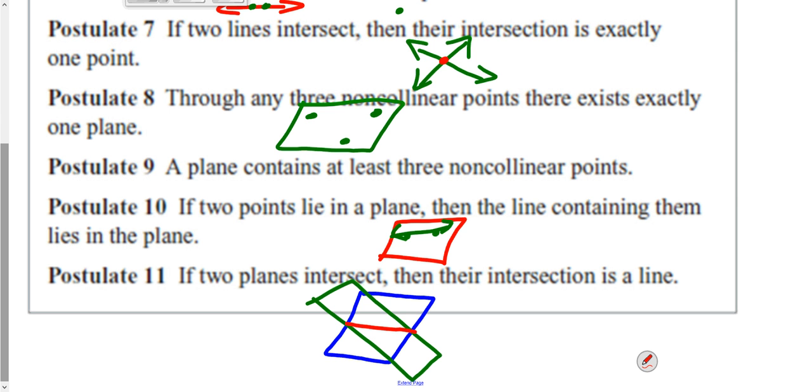Remember, the floor in your room is a plane, the wall in your room is a plane, and where the floor and wall meet is a line. You can draw a line across the floor where it meets the wall. So where 2 planes intersect is a line.